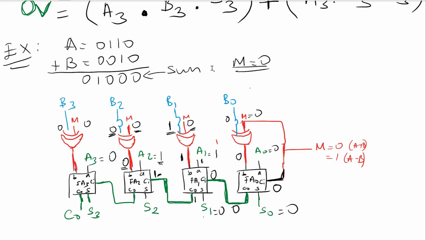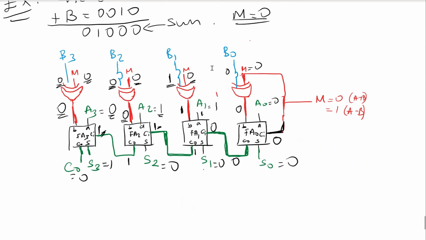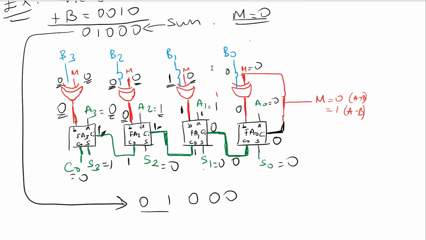So S2 will be 0, but my carry out will be 1. 0 XOR 0, 0, 0, 0, 1, so S3 is 1, carry out is 0. So my result is 01000. This is actually the same as what we expected. So this is working for the addition.